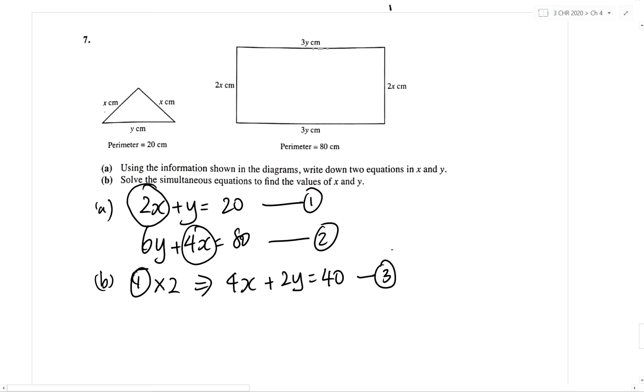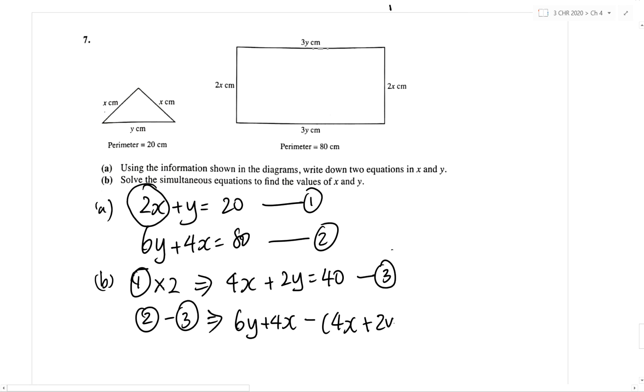Equation number 3. Now I have 4x appearing already. So I'll take equation 2 minus equation 3. Equation number 2 on the left hand side, I have 6y plus 4x, minus away the left hand side, which is 4x plus 2y. This results in 80 minus 40.